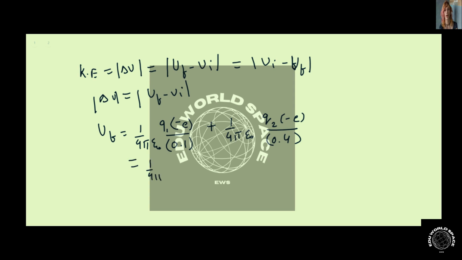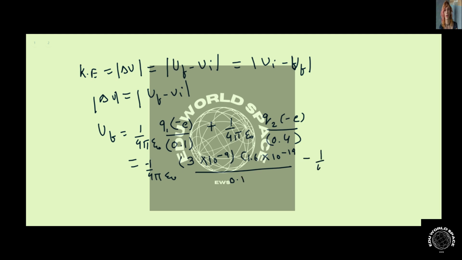Q1 is your 3 nanocoulomb charge, so 3 into 10 to the minus 9. Let's take the minus out. And this is 1.6 into 10 to the minus 19, over 0.1. This also has a minus coming out.